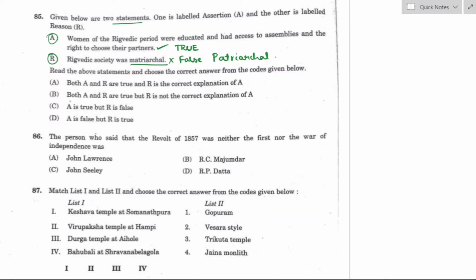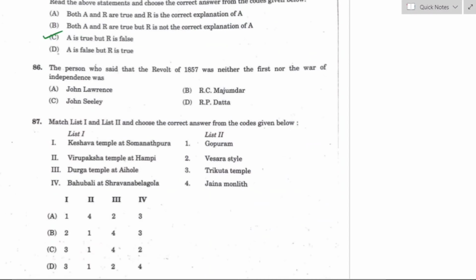So out of this given assertion and reason, the correct answer is option C. Assertion is true, but reason is false. Question number 86. The person who said that the revolt of 1857 was neither the first nor a war of independence was R.C. Majumdar. Option B is the right answer.